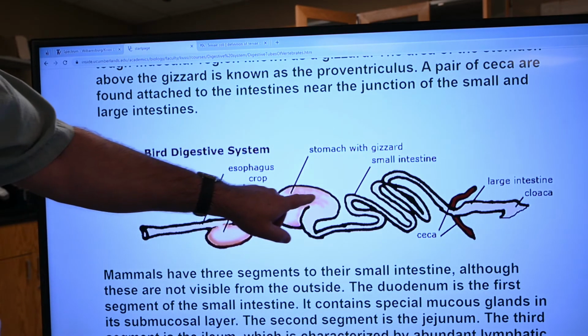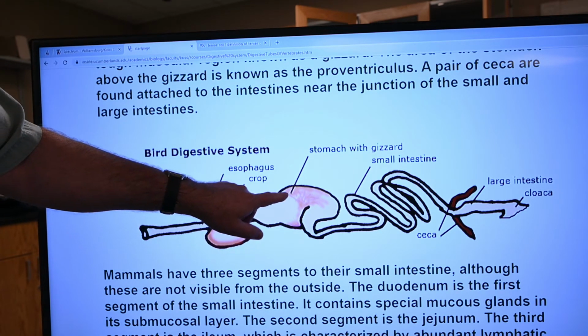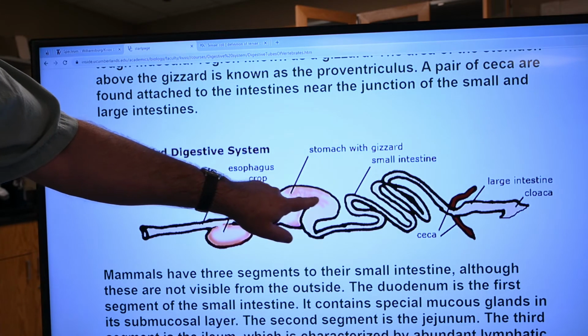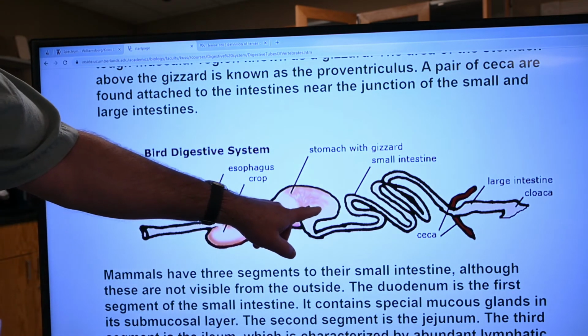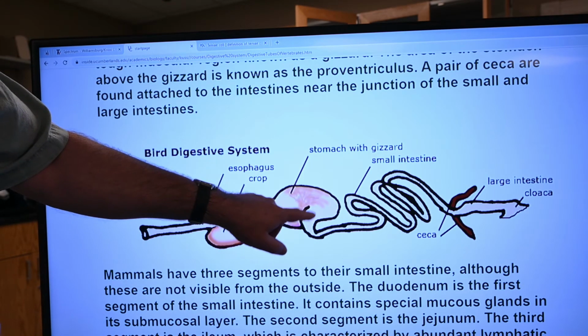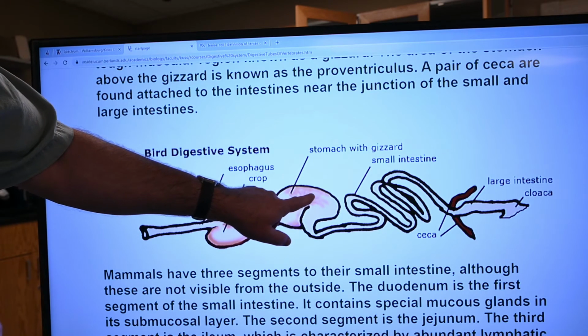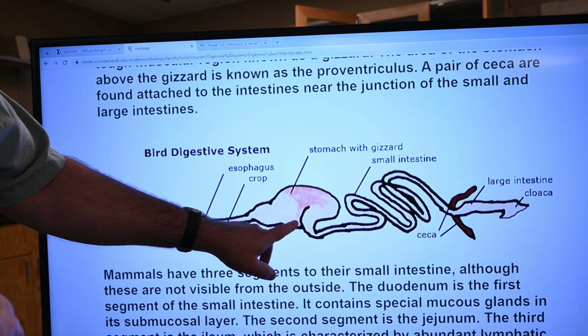The stomach is divided into a storage area more at the top and then a more muscular gizzard portion of the stomach. You've all heard of the gizzards in birds and may have eaten chicken gizzards, but anyway, that's the stomach portion that has this thick, heavy musculature in there, the gizzard of a bird.